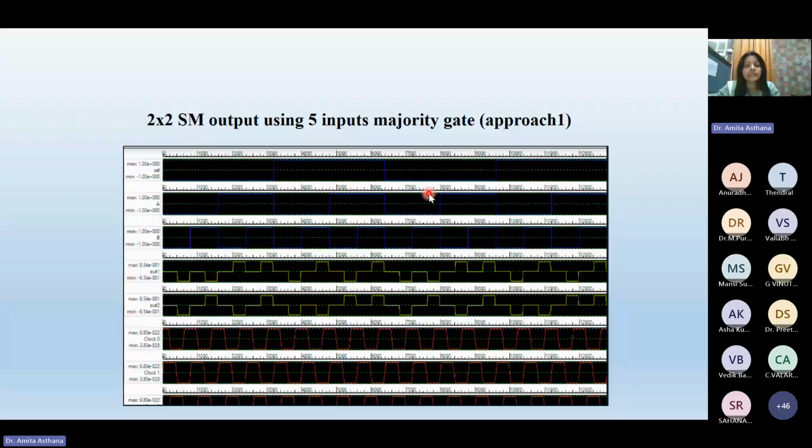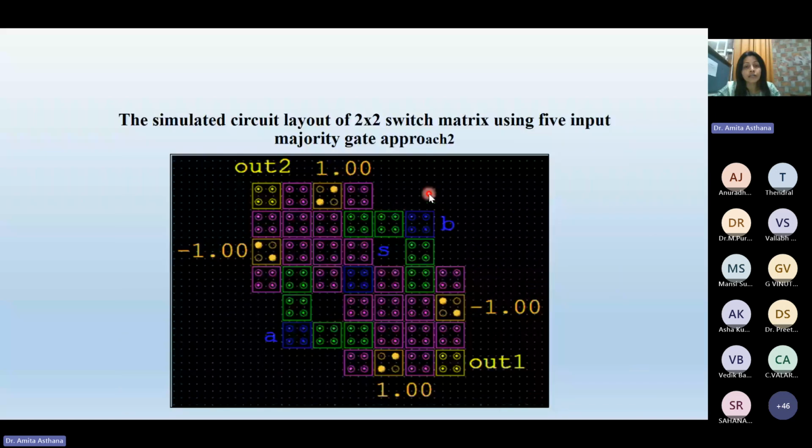Again, this particular design is for the 2x2 switch matrix, the SE element which we have discussed earlier. Here also the orientation of cells is different, but the output is again per the majority gate, and we are getting the output correctly.